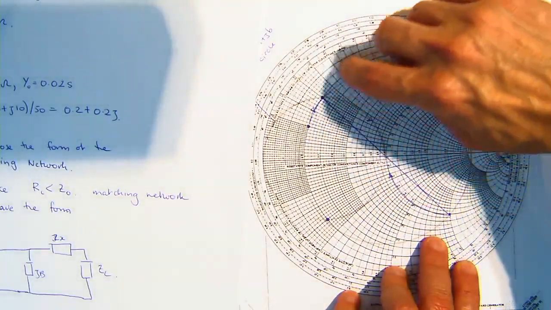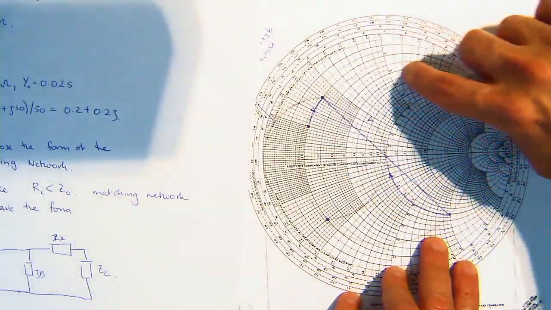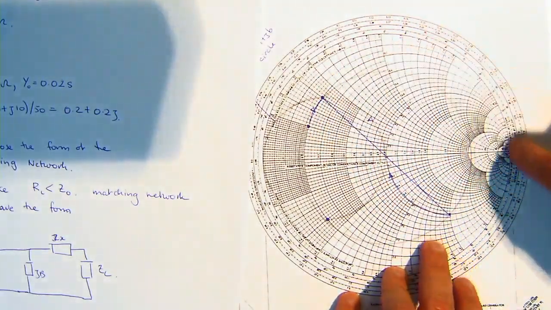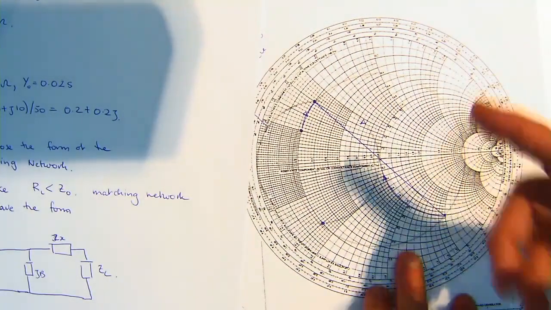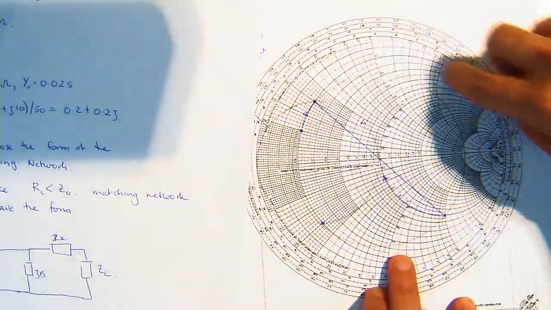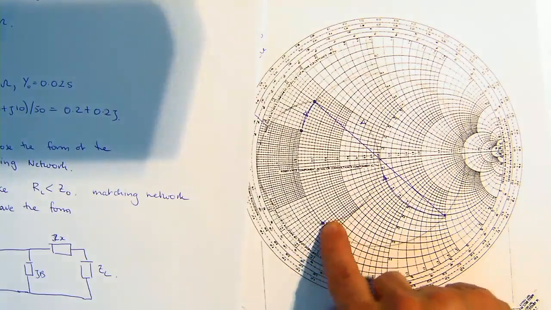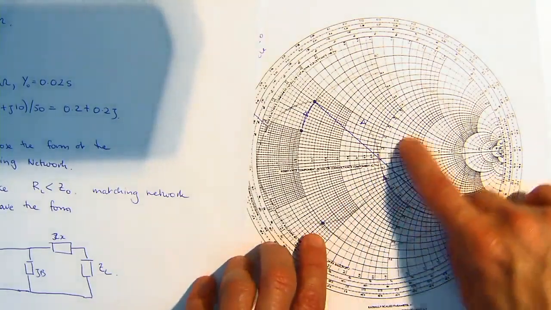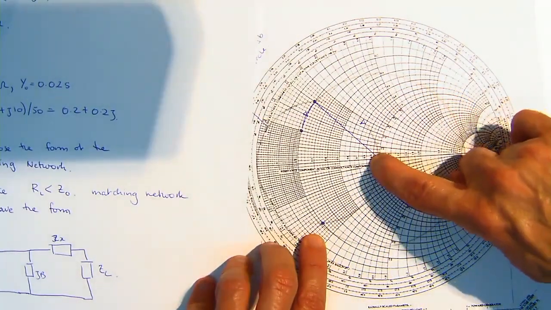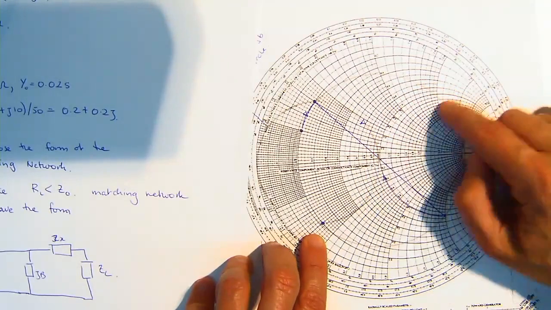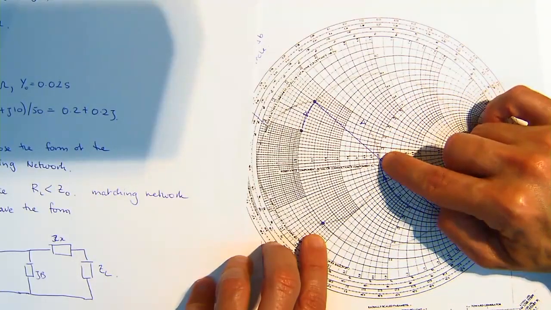Or I can put a much larger value and flip all the way around, and I get the second point, which will lead me up here, and then I'll move along this line to get to the origin.